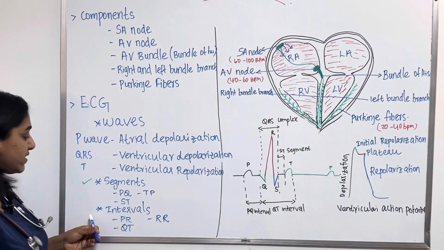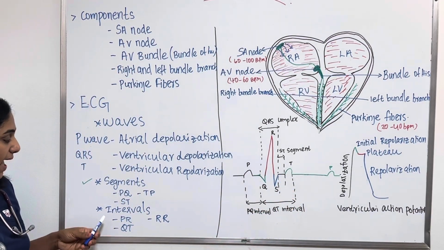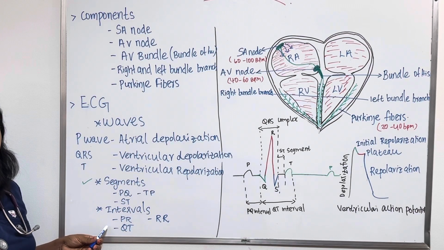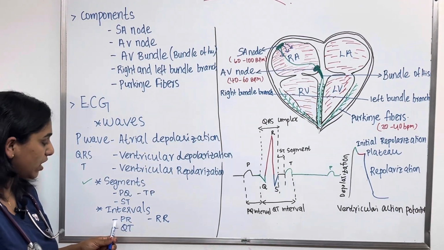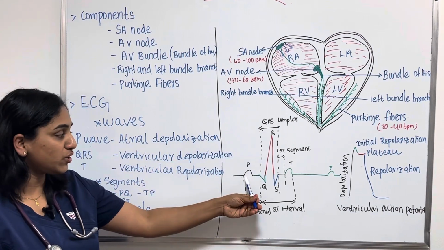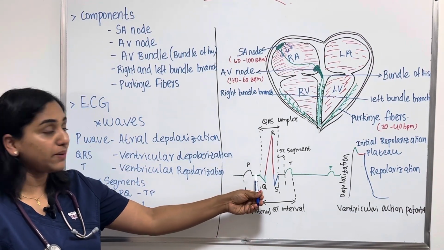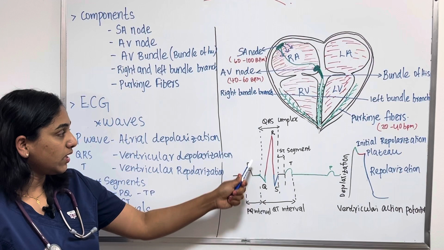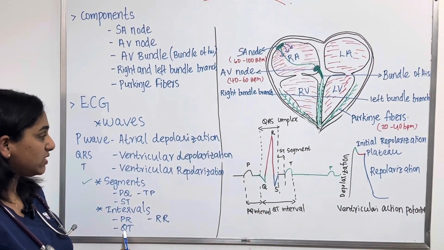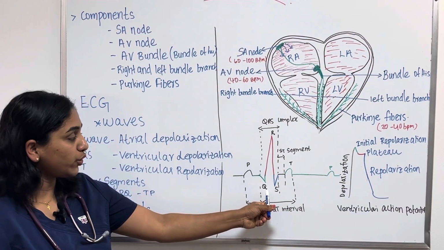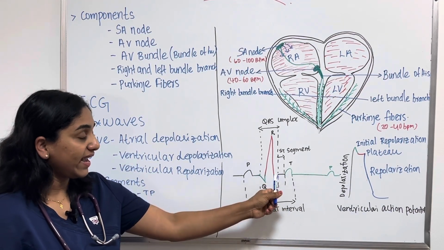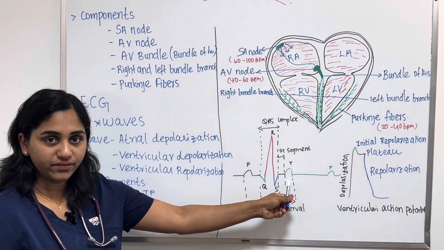Next, we are going to see about the intervals. Actually, there are three main intervals, that is PR interval, QT interval and RR interval. So, PR interval includes P wave and PQ segment. The another one, QT interval, includes QRS complex, ST segment and the T wave.